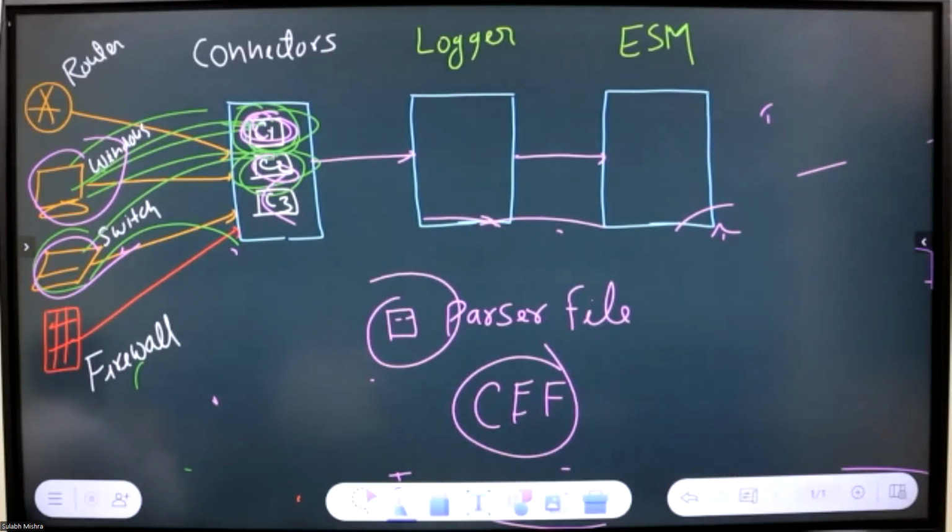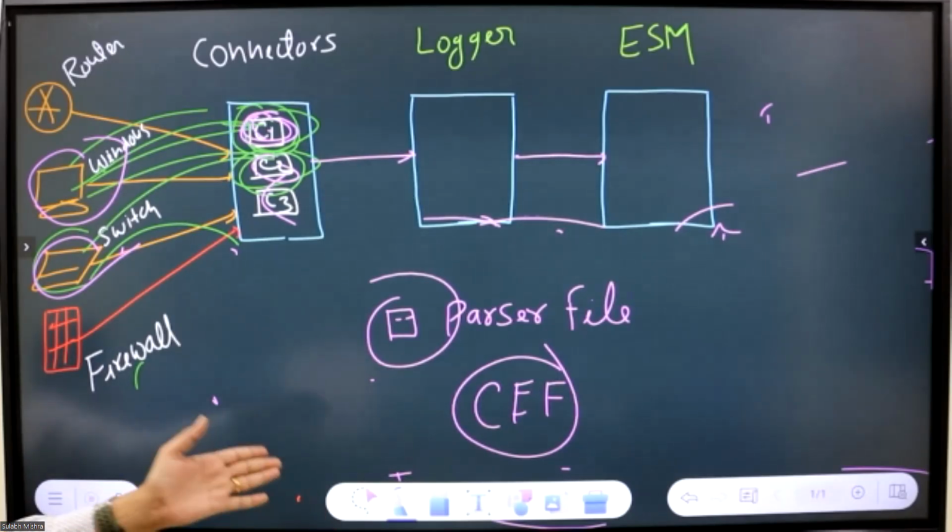That's the reason in the definition you have written, the connector collects the logs and sends them to a destination such as ESM and logger. You have not written just ESM and logger, but you have written such as. Why such as? Because it may also send the logs to any third-party SIEM tool or third-party intermediate server. The connector has the capability to forward at the same time.